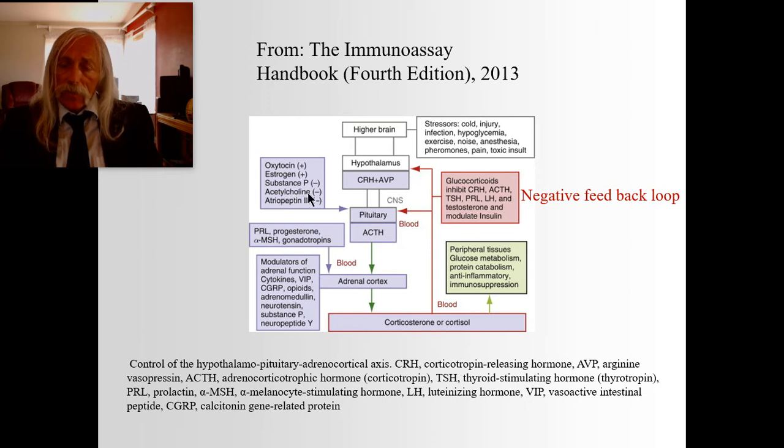Substance P, acetylcholine, which is, of course, a hormone, and antipeptin, which is another hormone. Those are all negative on the pituitary axis. PRL, progesterone, the alpha MSH, gonadotropins, all of those are positive on the adrenal cortex. And the modulators of the adrenal function include cytokines, VIP, CGRP, opioids, synthetic and endogenous, neurotensin, substance P, and neuropeptide Y.